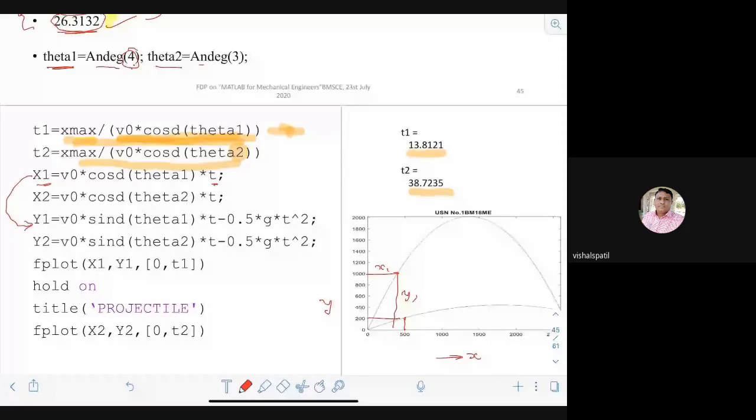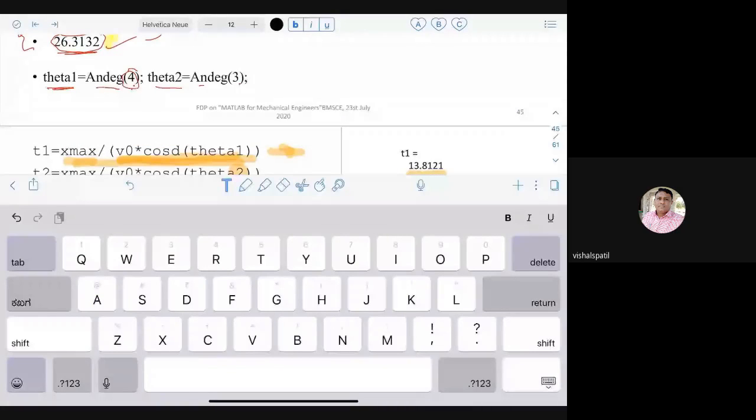Similarly, you substitute the second angle theta 2, and you get expressions for x2 and y2. Now, my x-axis is the same for both, but I'm plotting it in terms of time, which is implicit in this. So here, the first curve has a time of t1.